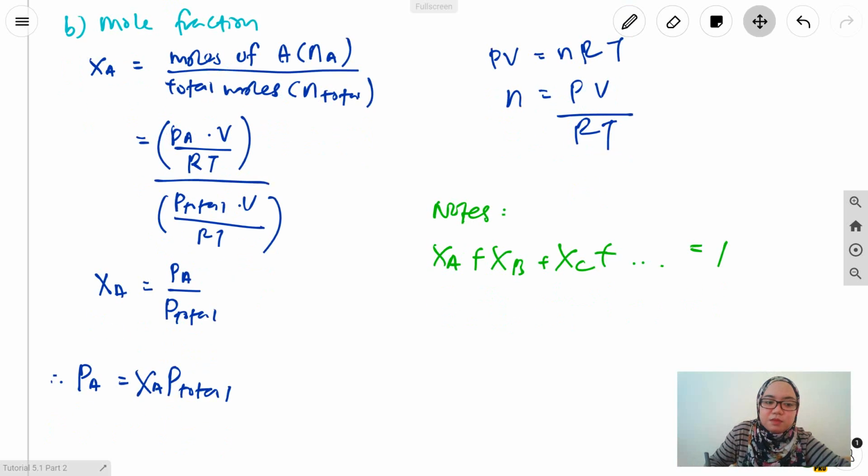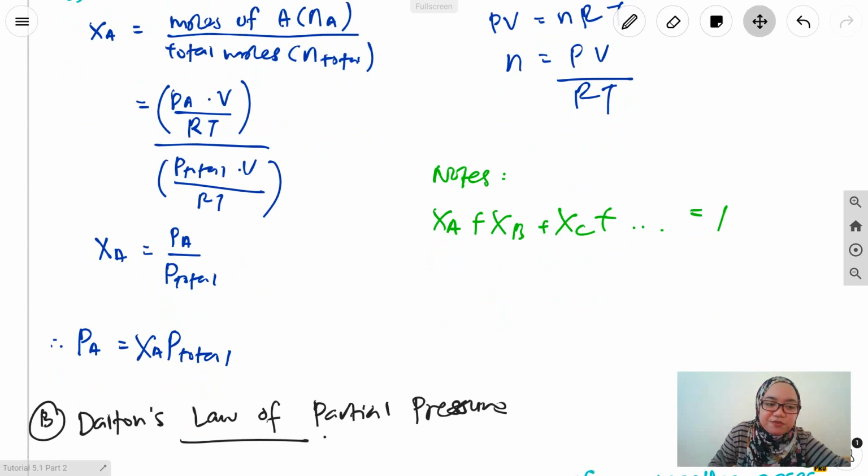So the partial pressure of A is the mole fraction of A times the total pressure. Note that the mole fraction of A plus mole fraction of B plus mole fraction of C and so on must equal 1.